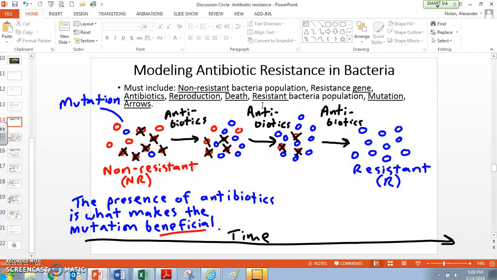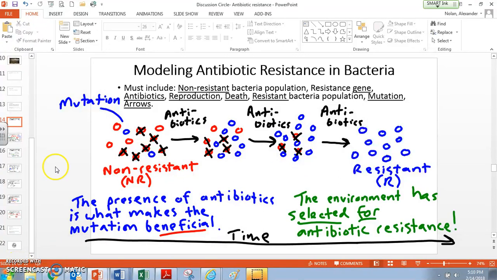So the idea here is that the presence of the antibiotics sets up an environment in which the non-resistant bacteria are destroyed. They're killed. The resistant ones, in this case the blue ones, the ones that have this mutated gene, are going to reproduce more because they can survive in this environment. So the environment has selected for antibiotic resistance. So what we have here, this is pretty much the most important parts of our model.